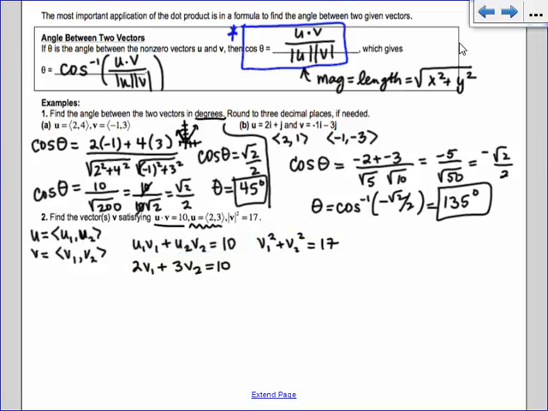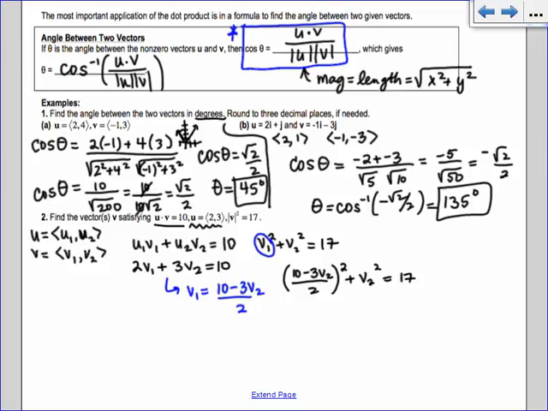So what I'm going to do is I'm going to solve one of the equations for either v1 or v2. Okay, so let's say I solve this first equation for v1. When I do that, I'm going to have 10 minus 3v2 divided by 2. And now I'm going to substitute it in for this v1. Okay, so it's going to get momentarily a bit messy. So I'm going to have 10 minus 3v2 over 2, everything squared, plus v2 squared equals 17.